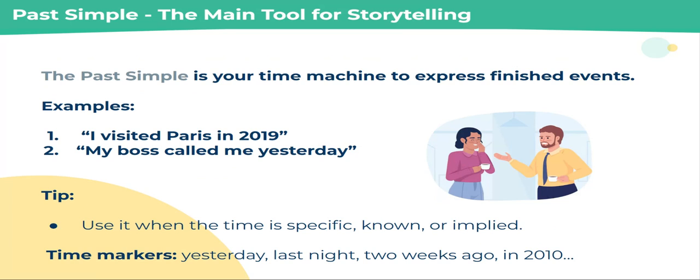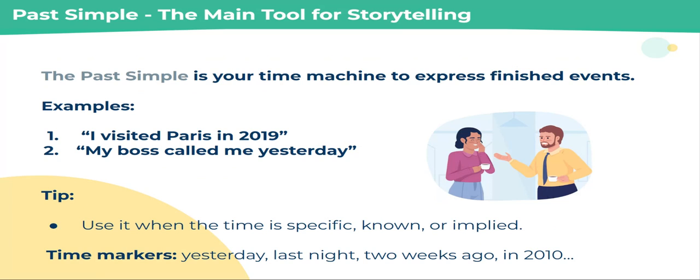So the past simple is the main tool for storytelling. The past simple is your time machine to express finished events. For example, I visited Paris in 2019. My boss called me yesterday.